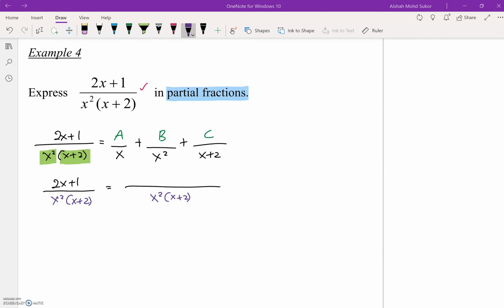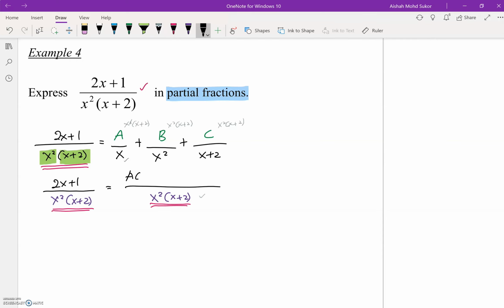Next step is to equate the denominator. Make sure you use the same denominator as in the question. You can use your pencil. x squared times x plus 2, x squared times x plus 2, and x squared times x plus 2. You already have x here, so x squared times x plus 2 divided by x is x times x plus 2.